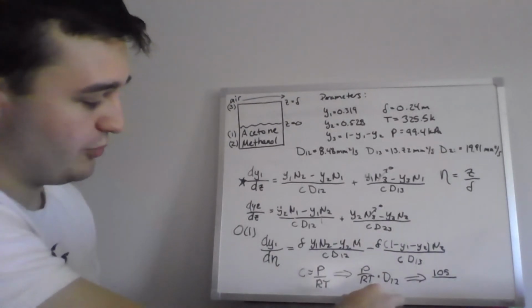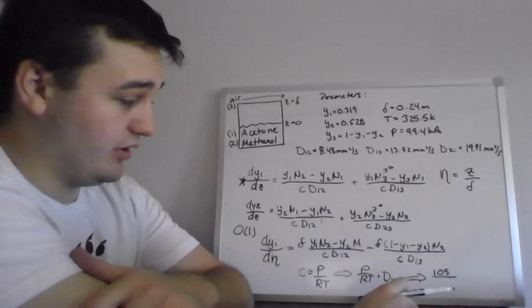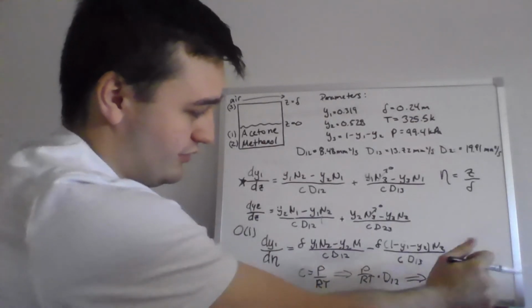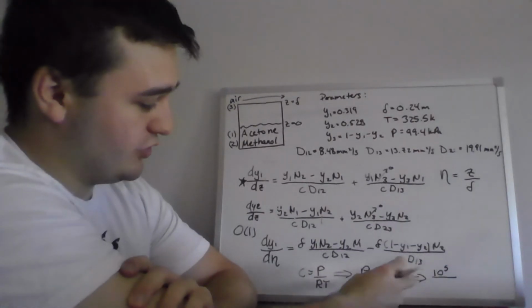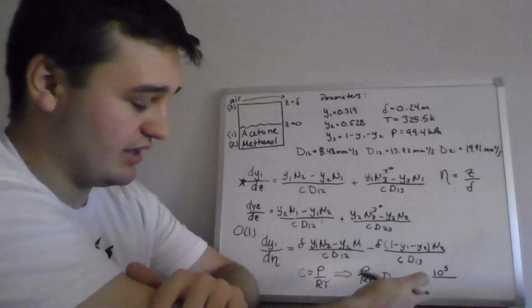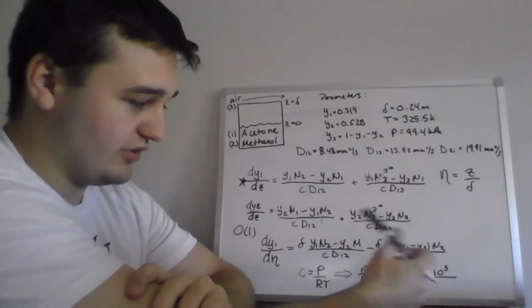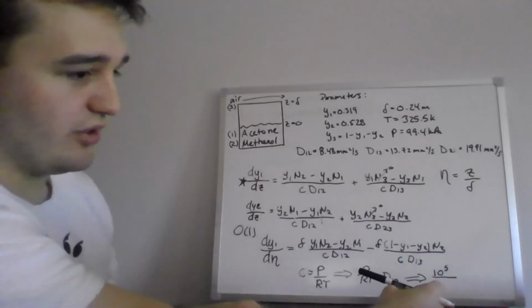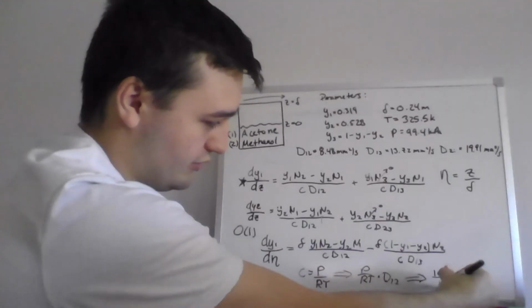On the bottom we have the ideal gas constant, and that's around 8, so that's an order of magnitude of around 10, and the temperature is around 300. So 8 times 300 is 2400, which is around order of magnitude of 1,000, or 10 to the third.